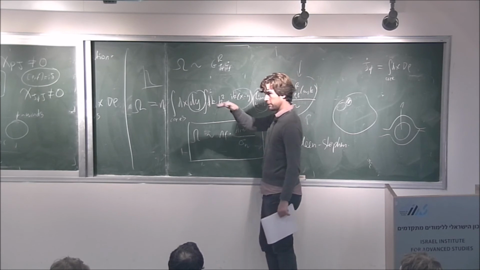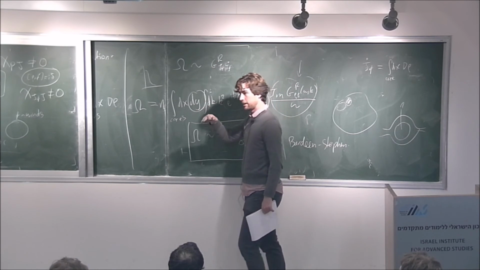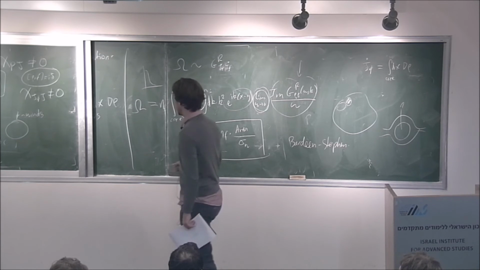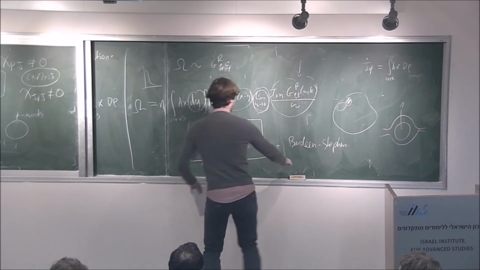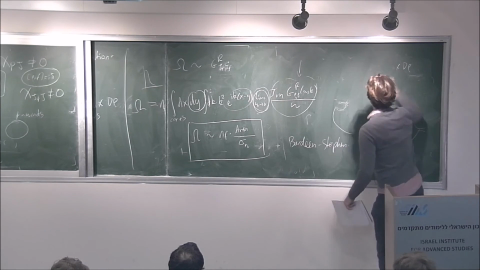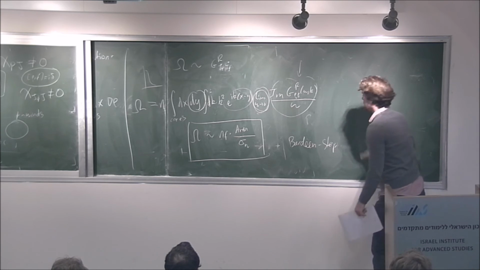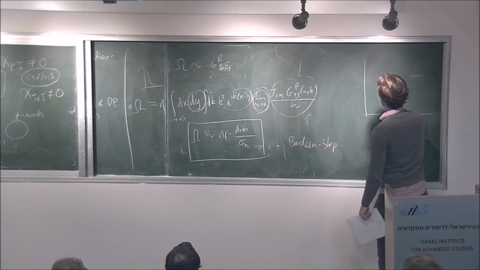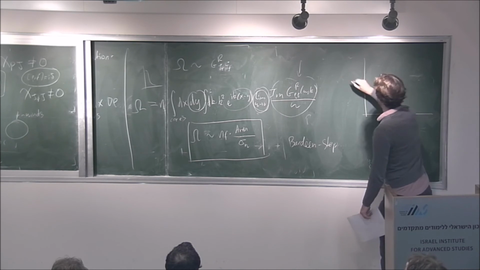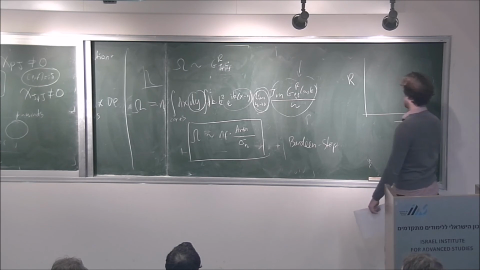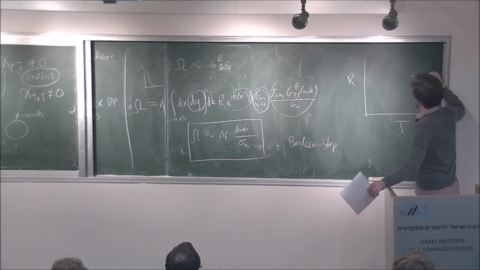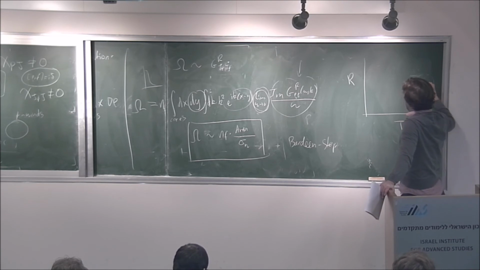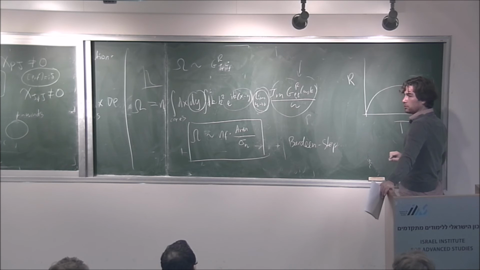So let's be at some non-zero temperature. What you actually see is, the way you see these superfluid insulator transitions is you plot the resistance as a function of temperature. You cool it down, and in the superfluid state it goes to 0, but it doesn't go to 0 until you actually get to 0 temperature.